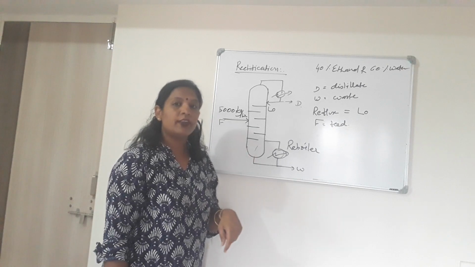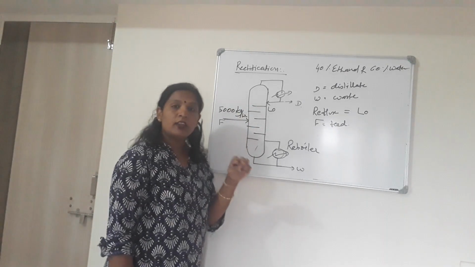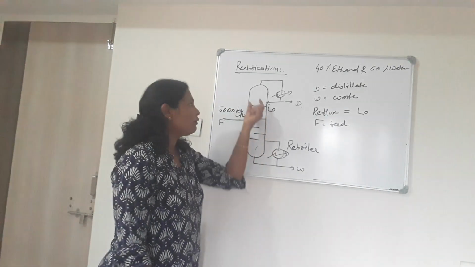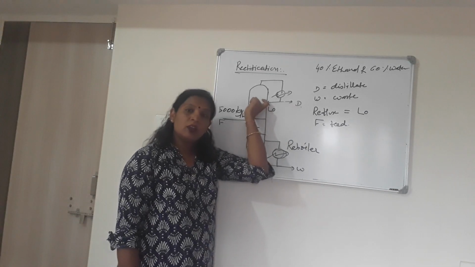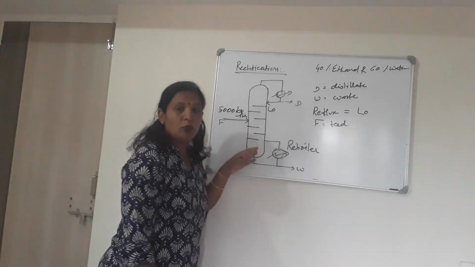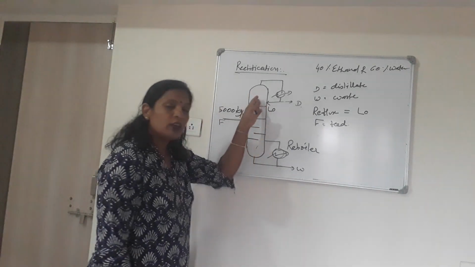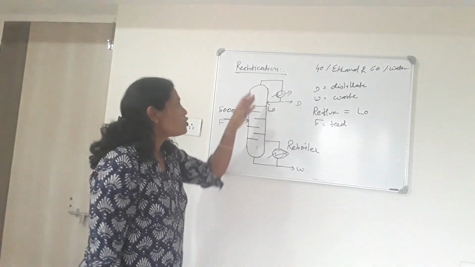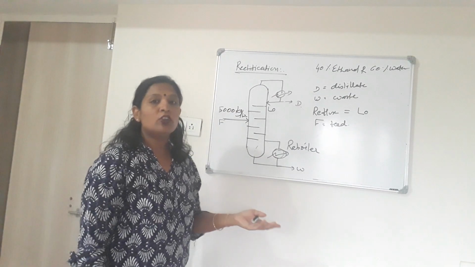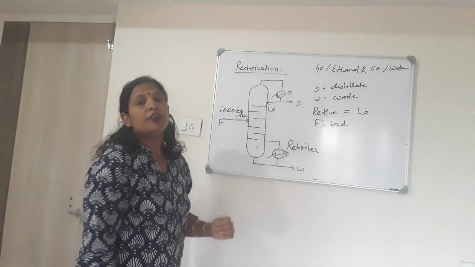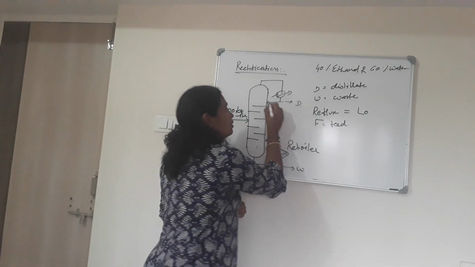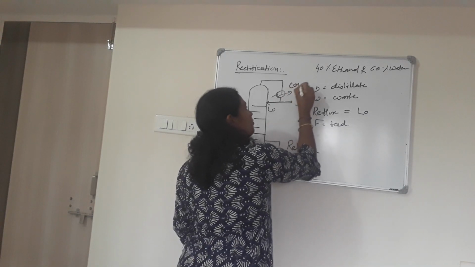Because it has more gravitational force. And the second thing is, why is vapor converted into liquid when it goes to the top? Because the temperature at the bottom is high, because the reboiler is here, while over here the temperature is less. So vapor is converted into liquid and it will come down. So this is the condenser.